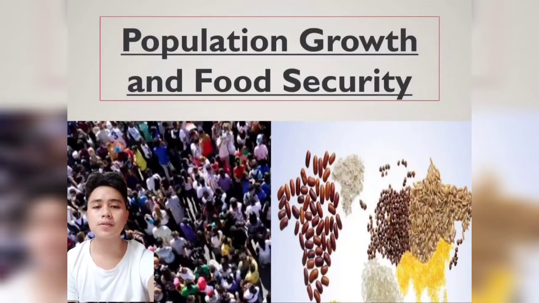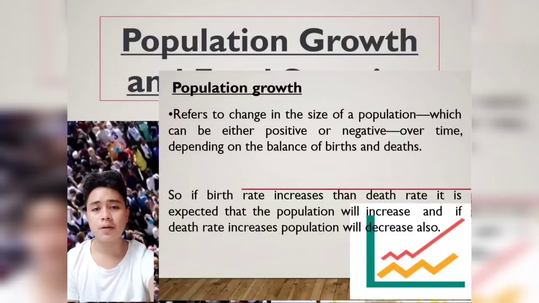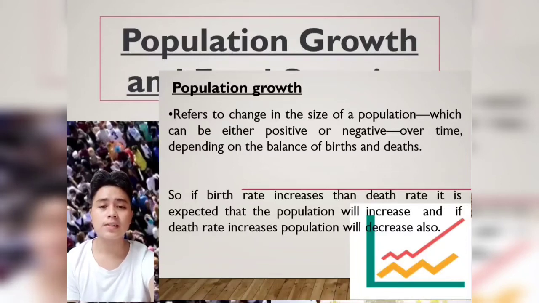So let's now move to population growth. Population growth refers to change in the size of a population which can be either positive or negative over time, depending on the balance of births and deaths. So if the birth rate increases over the death rate, it is expected that the population will increase.